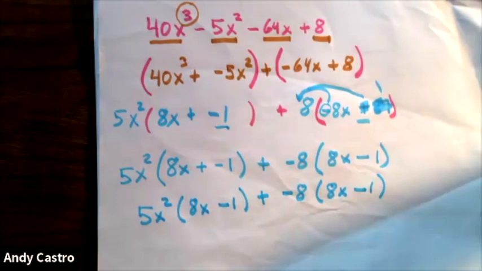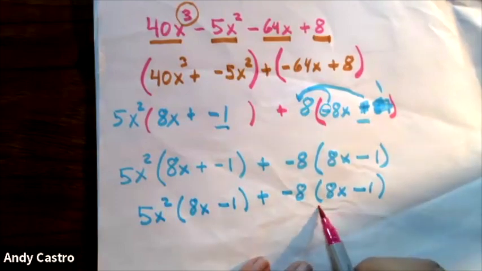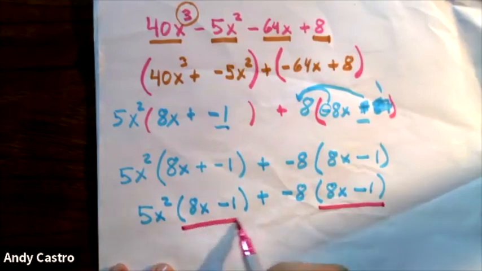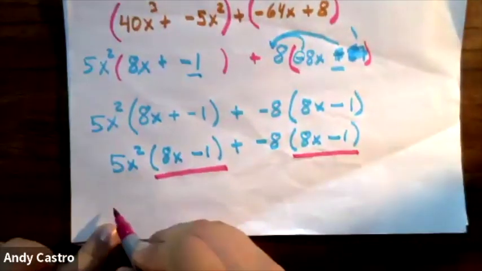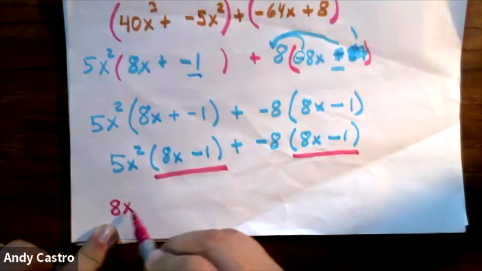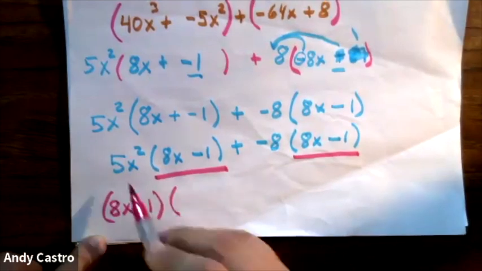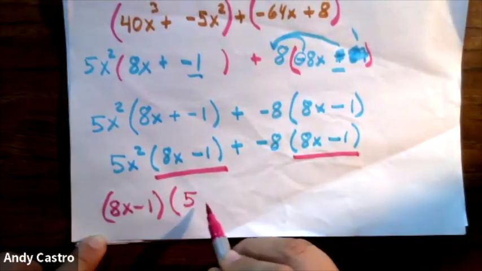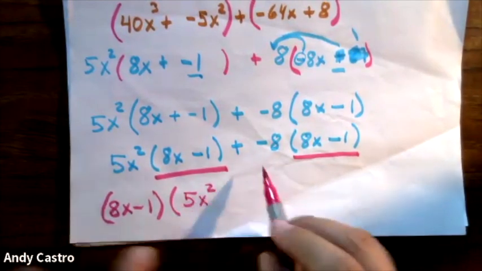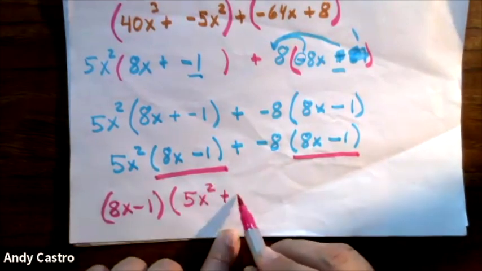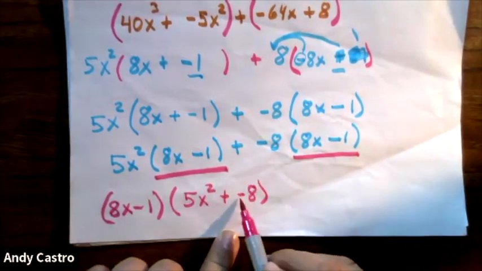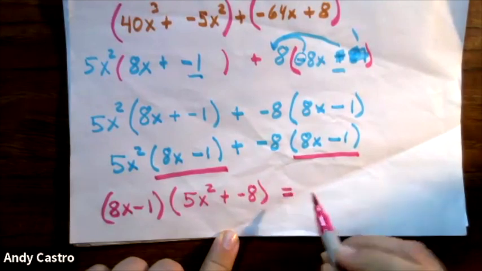All right, so now I can take that 8x minus 1, that common factor, and pull it out. 8x minus 1, and I'm left with here 5x squared plus negative 8. The plus the negative is the same thing as minus.